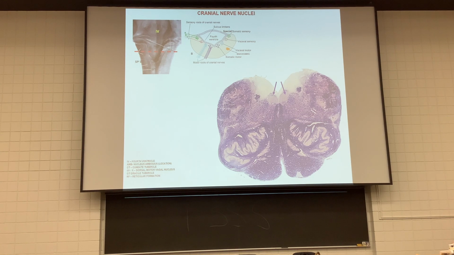Good. Somatic motor function. Now, automatically, we only have to talk about 4 possibilities, right? As I said before on that other slide, there's only 4 cranial nerve nuclei that have a somatic motor component. 3, 4, 6, and 12.